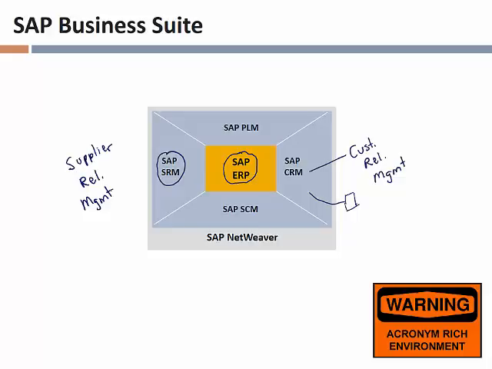So this would allow us to do things like automate our ordering with our supplier, to track additional information about our suppliers that is not a part of the core ERP system. So it is not at all unusual for a company to run SAP ERP as kind of the heart of their system, and then also run CRM and SRM to provide additional functionality.